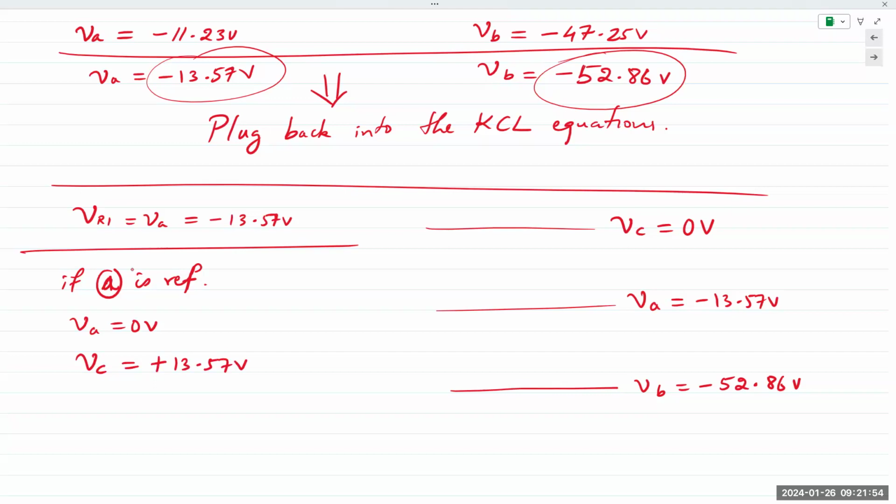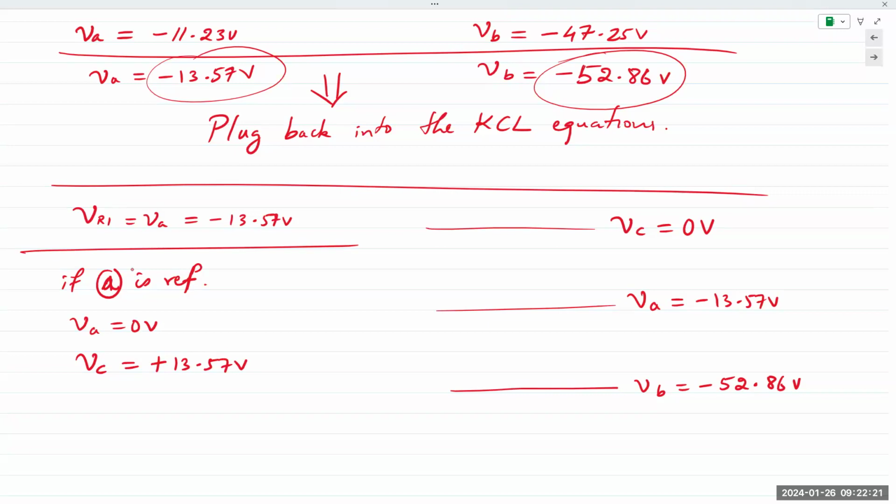Again, voltage is the difference in potential between any 2 points. The actual value does not matter. This could be like 100, then VC would be 113.57. So if we choose A as a reference, VA is 0, VC would be plus 13.57, and VB would simply be the difference between A and B, so about 39 volts.